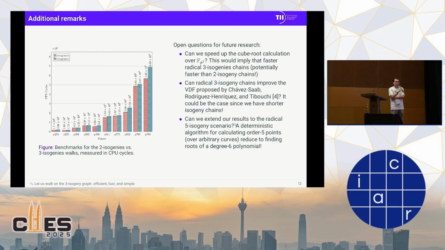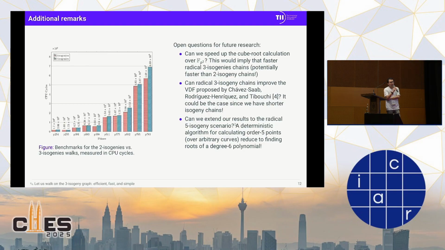It's not taking advantage of the shape of the prime, so it could be optimized. We don't assume any Montgomery-friendly shape in the arithmetic. So we didn't use GMP. We use pure C, and some parts use assembly code, but they were coming from contributions from other people, like the authors of CSI, for example.